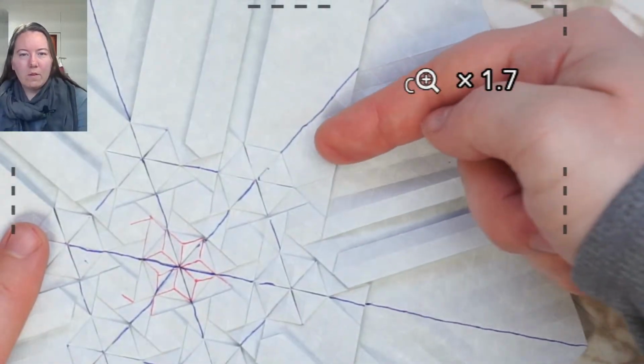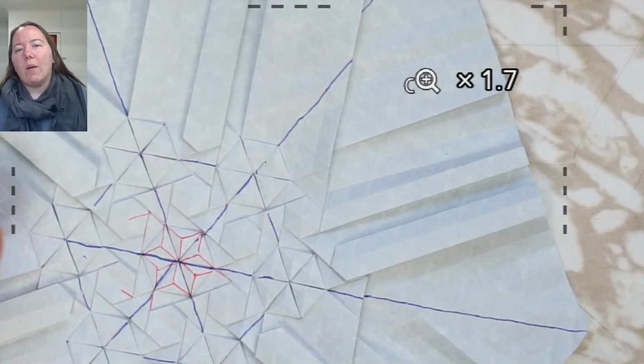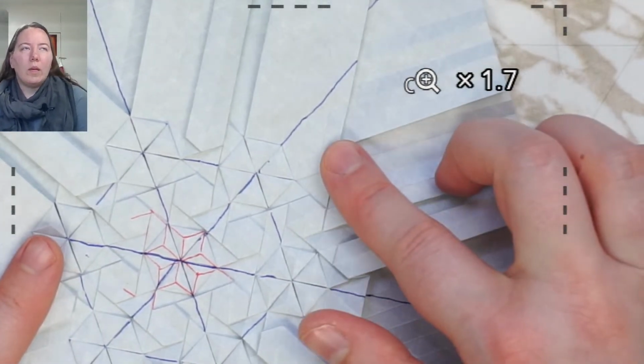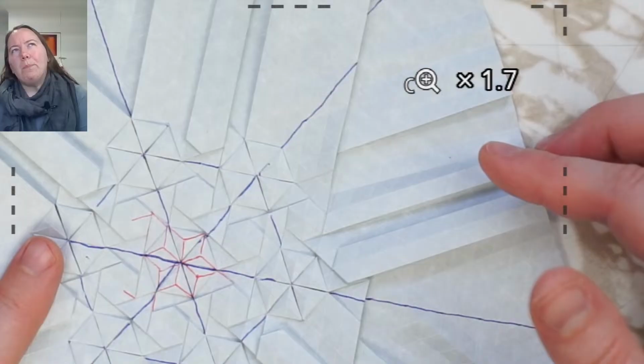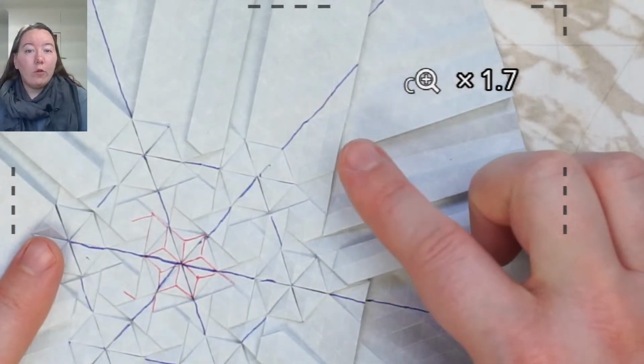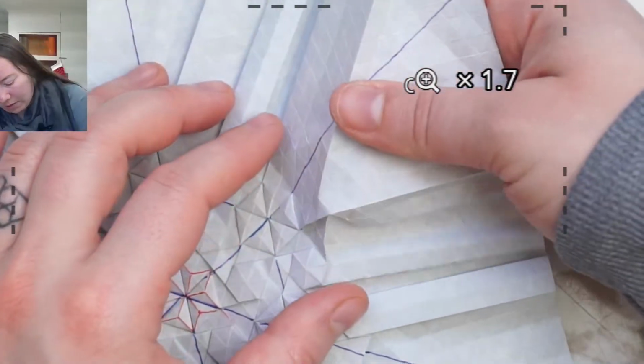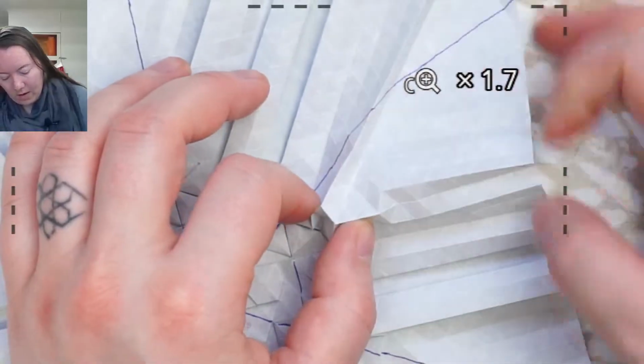So I left a pleat overlap back here, and I'm just leaving it behind because either I'm going to set it up as two pleats that are spreading, and I may as well demonstrate that.